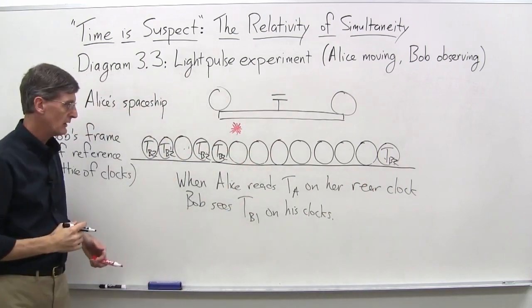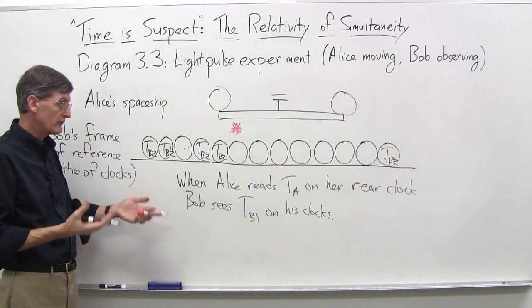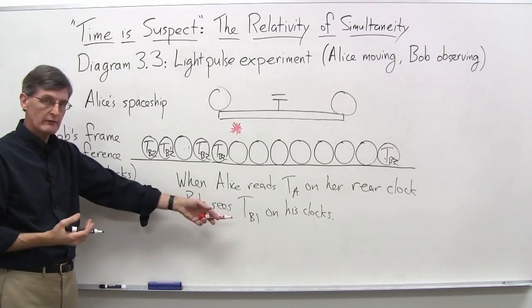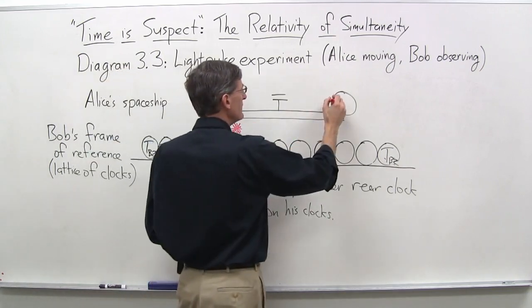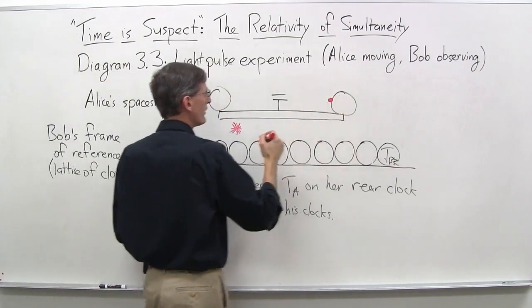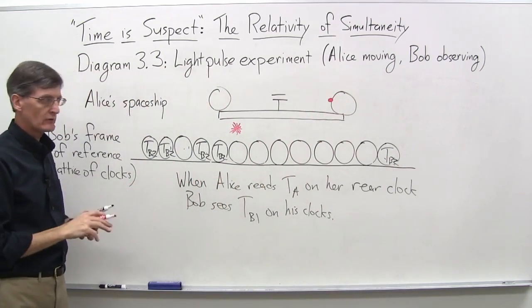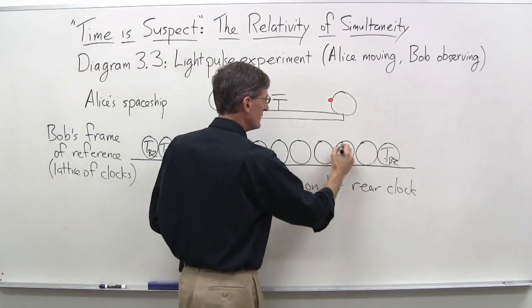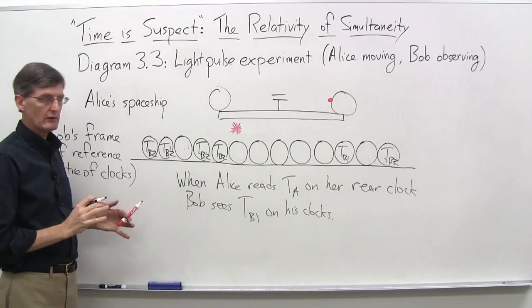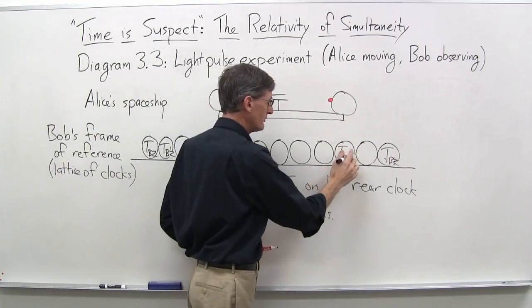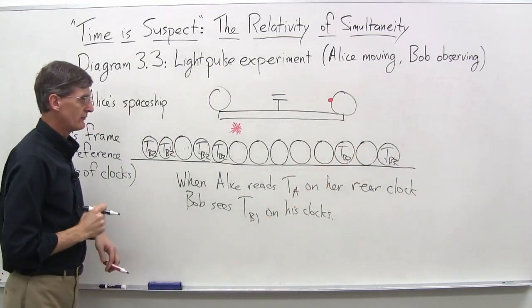They all read TB2, whatever time that happens to be. It's just later on than TB1. And now finally he sees this photon hit that clock, and again he would take a little photo right at that instant and says, okay, my clocks all read, not TB1, sorry about that, TB2 at that instant in time.